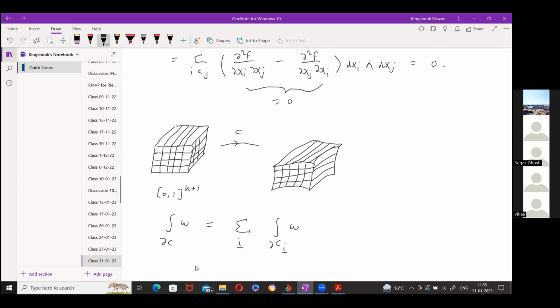Because when I take the boundaries of the small cubes, each face which is in the interior of the cube is going to occur twice, from two neighboring cubes. So these faces will cancel out. When I sum over the boundaries of the small cubes, the only faces which will remain will be in the boundary of the big cube.